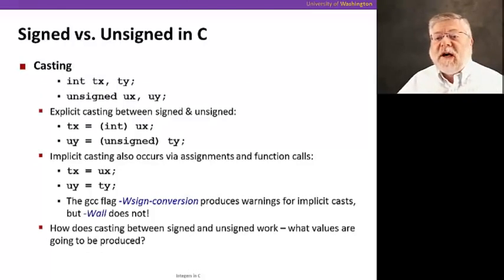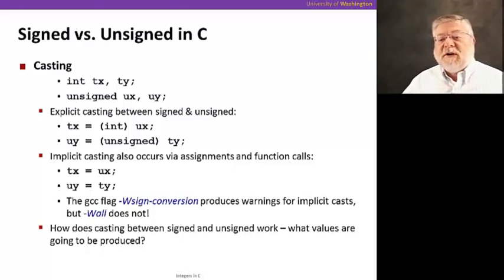Okay, so in the C language, again, int is for integer, and that means a signed integer. If we want unsigned, we use just the word unsigned. And then we can cast back and forth between these numbers. So we can take an unsigned integer, cast it as a signed integer, and assign it to a regular integer variable, and vice versa.